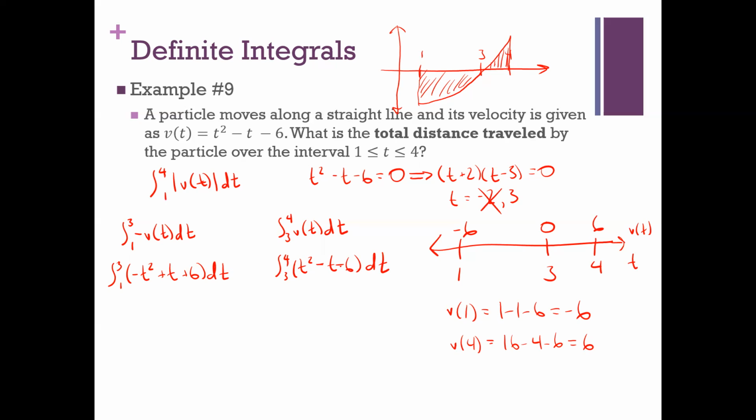Right. Yep. And kind of back to the way, I think this was Cameron's idea. She wanted to integrate over the absolute value. Think about what this graph right here that I drew would look like if this was actually the absolute value of v of t. Then this area right here would be mirrored above like that, right? And you can, but you can't use one integral.